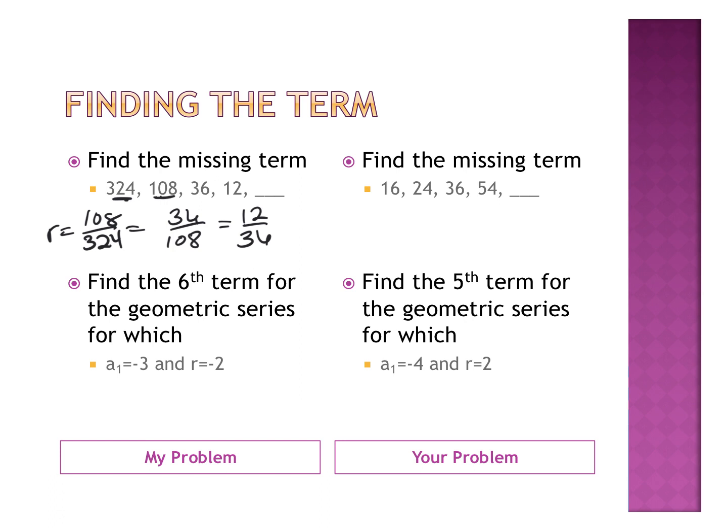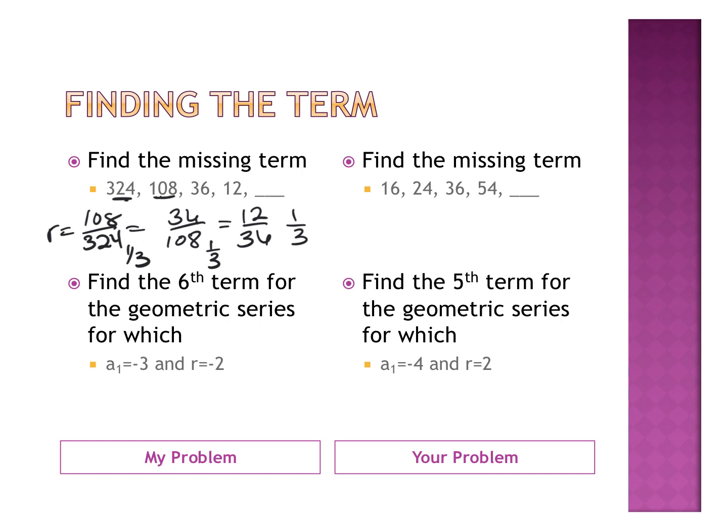So when I do 108 divided by 324, I get 0.33333, so 1/3. When I do 36 divided by 108, I get 1/3. When I do 12 divided by 36, I get 1/3.